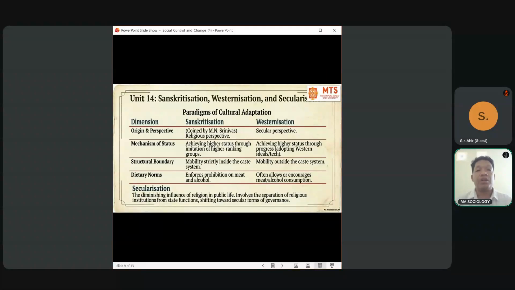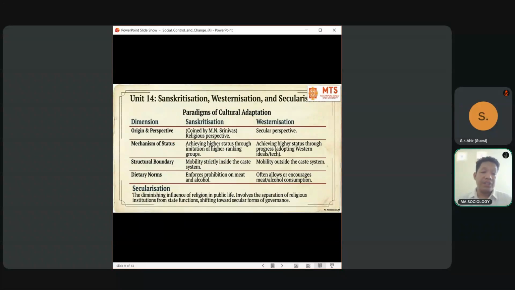It doesn't take place only in the caste system; it is mobility outside the caste system, and often allows or encourages meat and alcohol consumption.